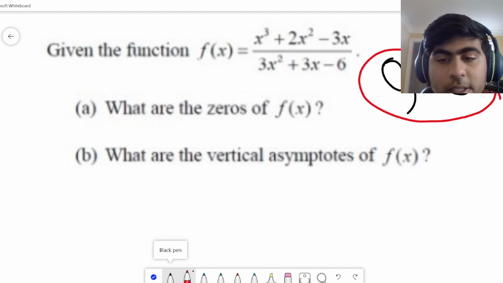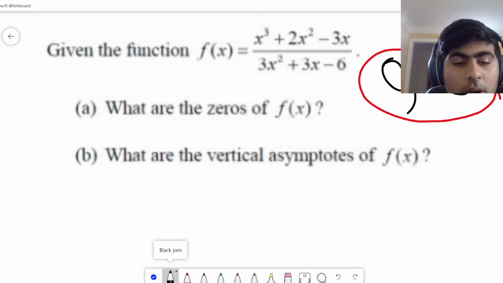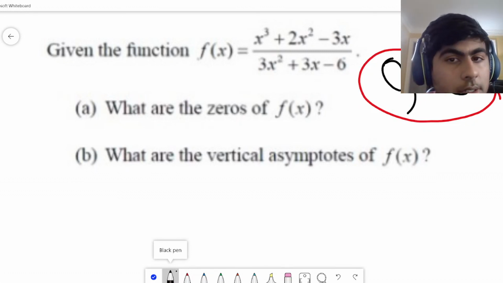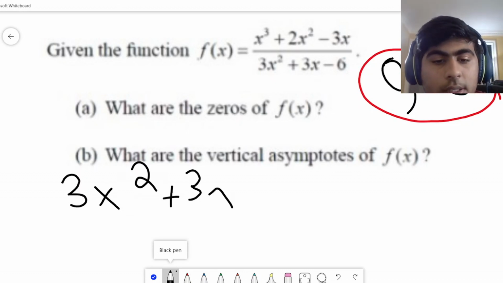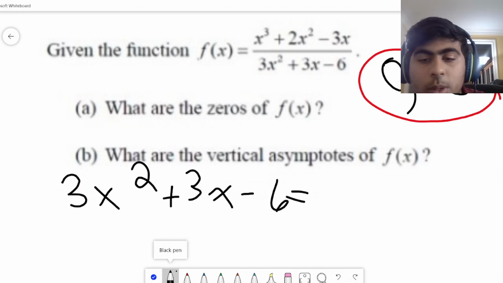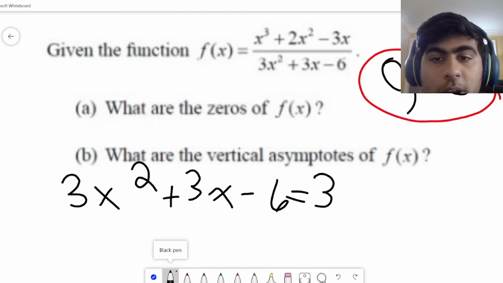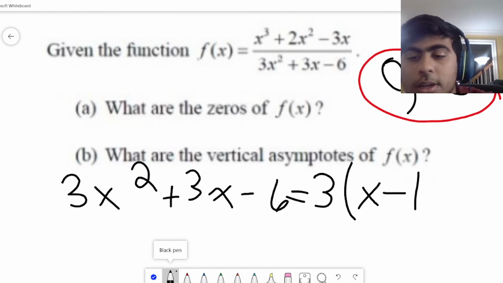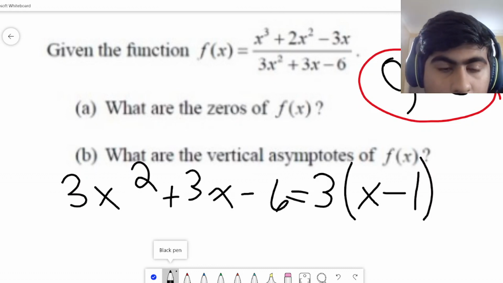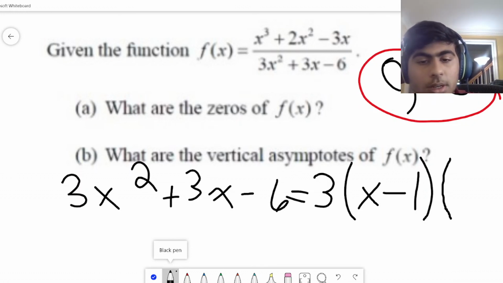What are the vertical asymptotes of f of x? Now the vertical asymptotes are the places where the denominator is 0. Well, looking at 3x squared plus 3x minus 6, we can factor that out. We can put 3, and then we know that 1 makes this 0. x minus 1 is a factor of this. Right? That's what it means. So we can just put that there. And then we have x plus 1.